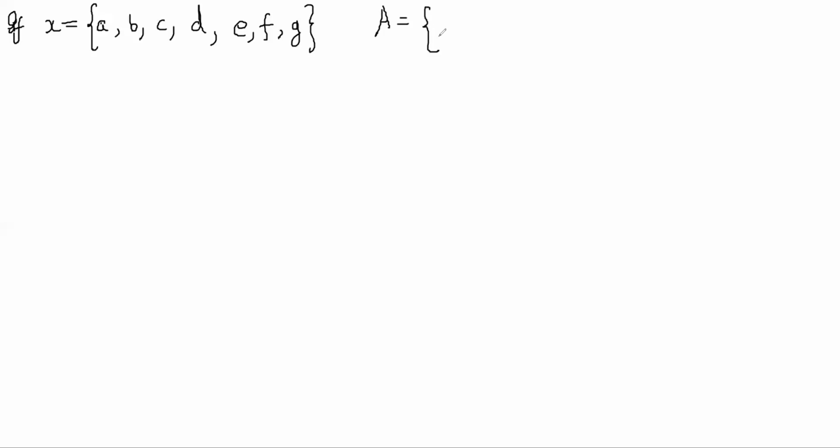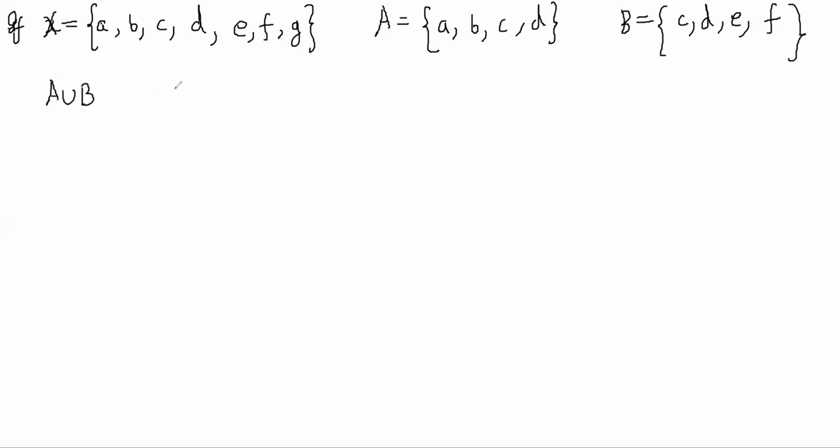If X equals the set a, b, c, d, e, f, g, and capital A equals the set a, b, c, d, and capital B equals c, d, e, f, then verify that A union B complement, the complement of A union B, is equal to a certain expression.